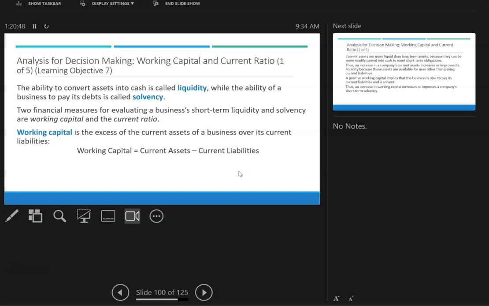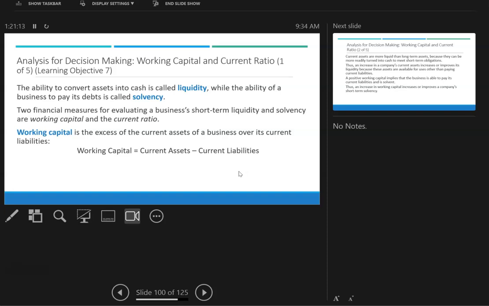Now, the ability to convert assets into cash, we call it liquidity. Okay? One reason many companies could be extremely beneficial and profitable, but go bankrupt is they don't have enough cash on hand to pay their bills when they come due.